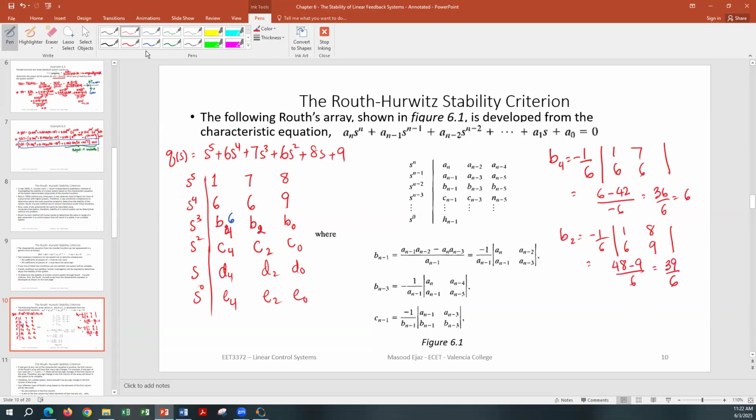So that's going to be 39 over 6. And B naught is going to be most likely 0. So B naught will be negative 1 over 6, the first column, and then now you don't have any column over here. We have already used an minus 4, an minus 5, so you don't really have anything here. So that's going to be 0, 0, which will be 0.